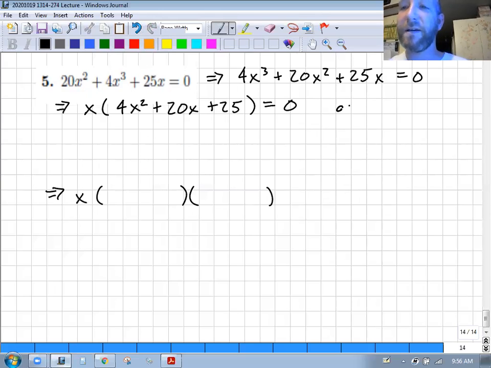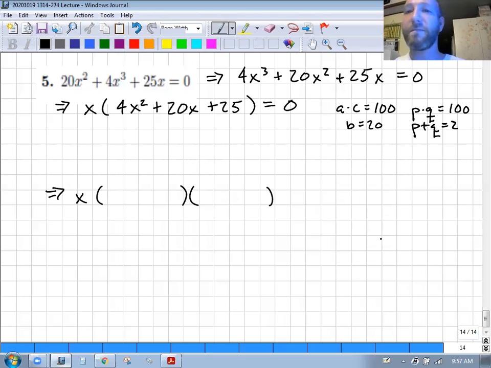Remember, our A times C, 4 times 25 is 100. So we need two numbers, I'll call them P and Q, that multiply to give us 100. Our B here is 20. So we need our P plus Q to be 20.